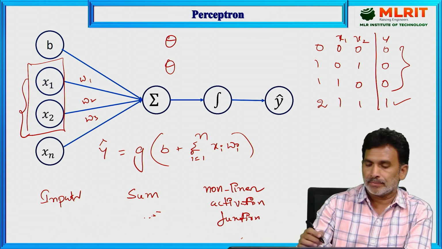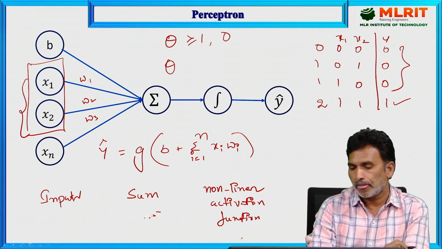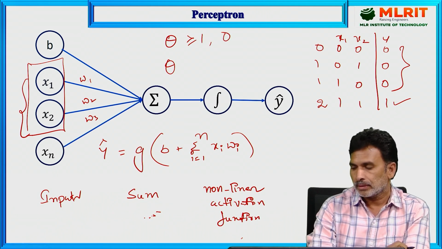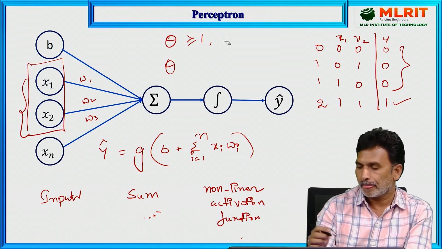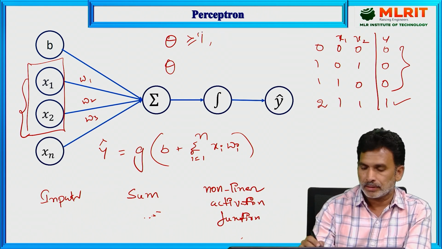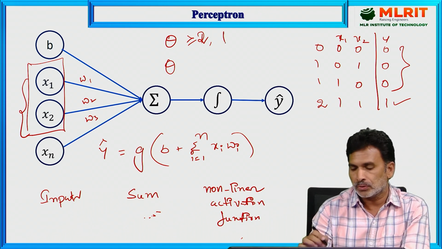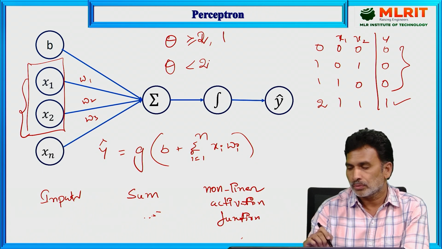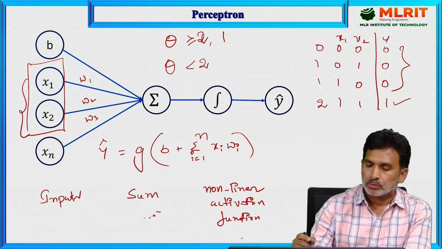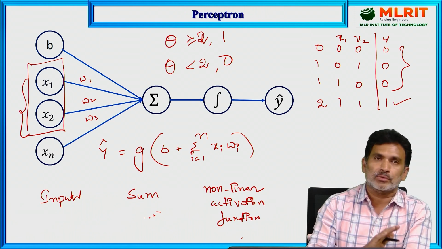Not greater than or equal to 1, but greater than or equal to 2, because there are two inputs, and then it produces 1. If it is less than 2, it has to produce the output 0. So this is for two inputs, x1 and x2.